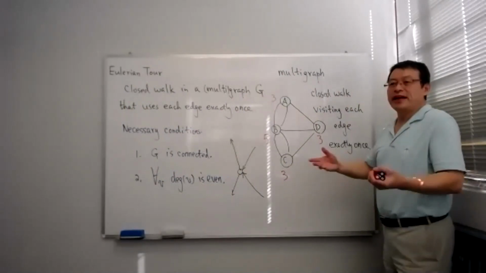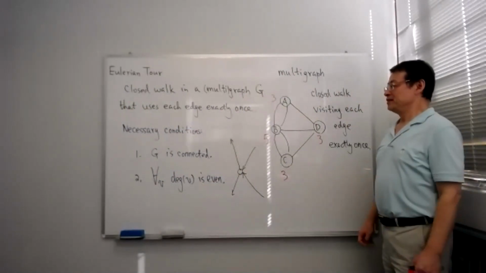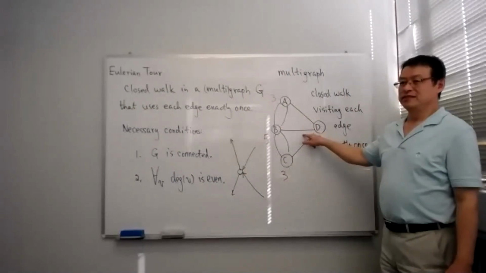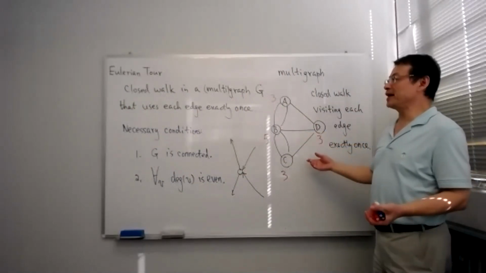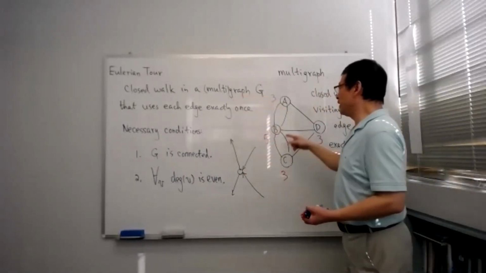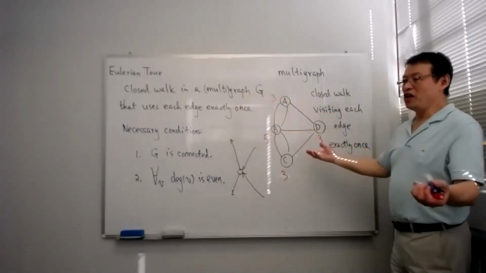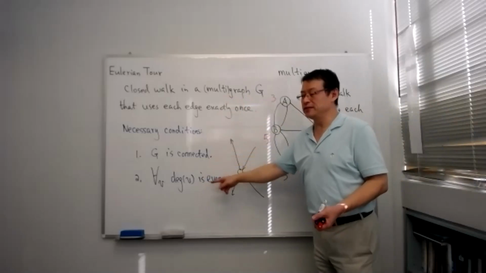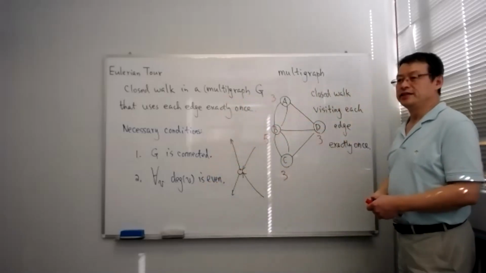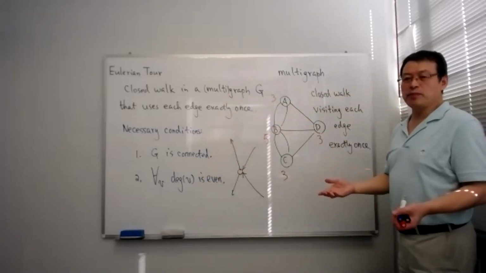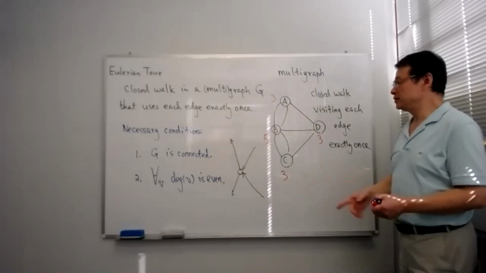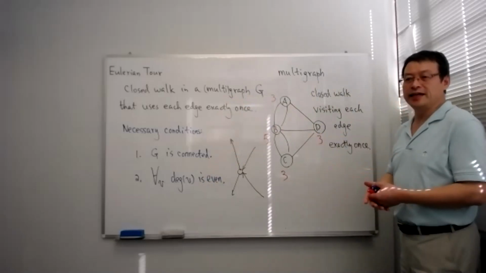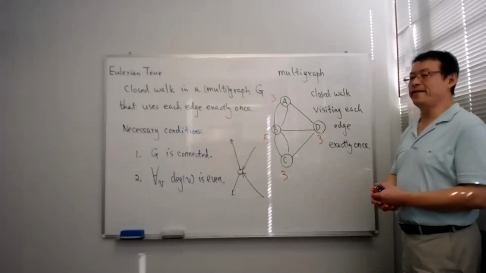For this graph, we can conclude it cannot have such a walk because all vertices are odd. So therefore, we know the Königsberg problem has no solution at all.